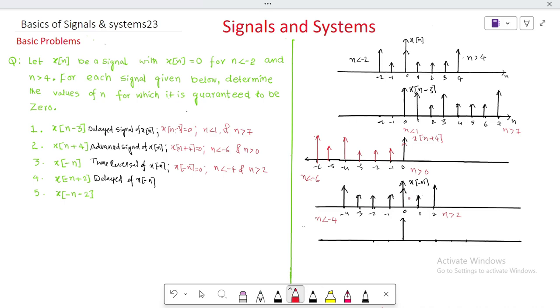So this is to be shifted to the right side by 2 units. So this impulse at minus 4 must appear at minus 2.